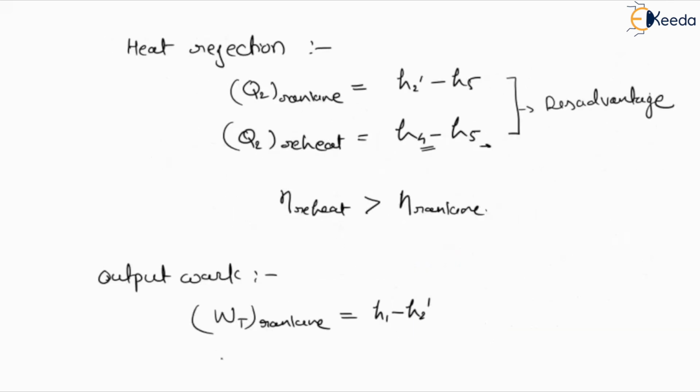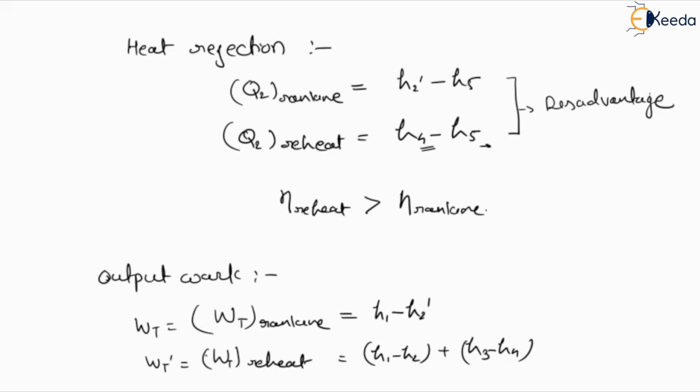So WT for the reheat will be defined as H1 minus H2 plus H3 minus H4. We can write it as WT or WT dash as you prefer.